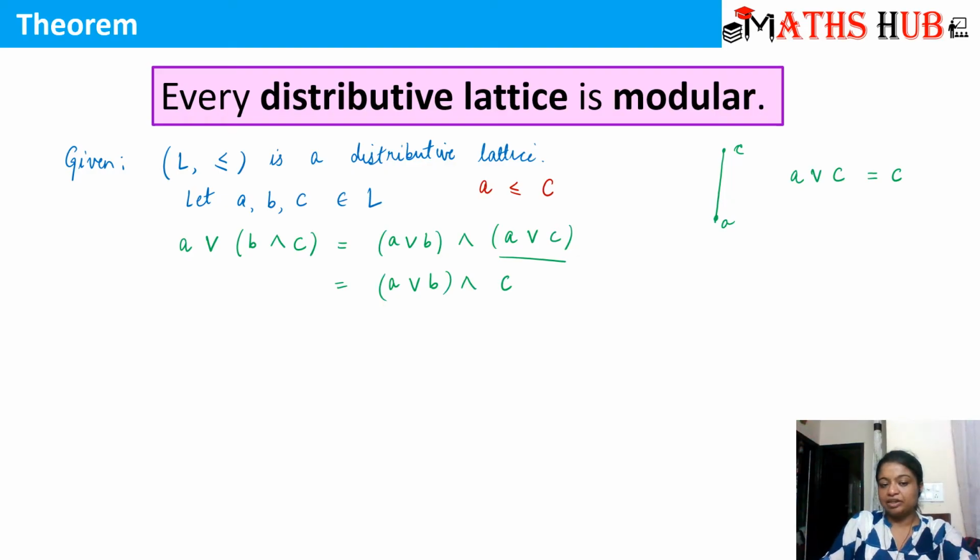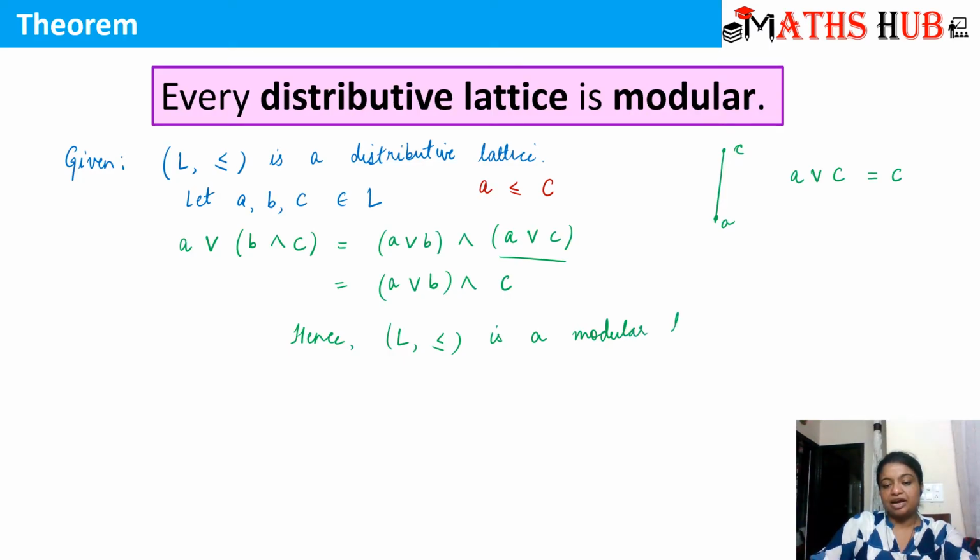And is it proving the modular property? This was what the modular definition said, that for A, B, C belonging to L, if A join (B meet C) is the same as (A join B) meet C, then it is modular, right? So hence this shows that L with less than equal to is a modular lattice.